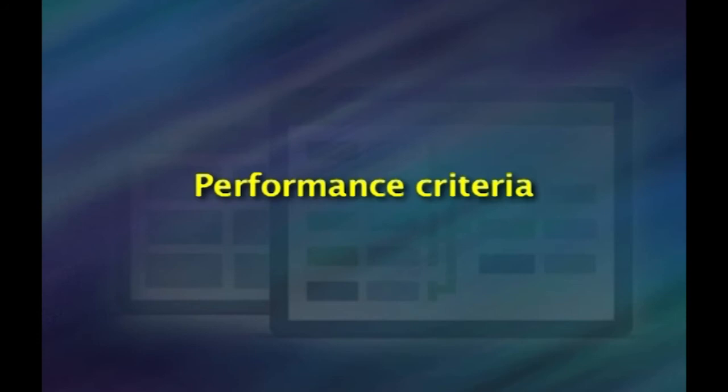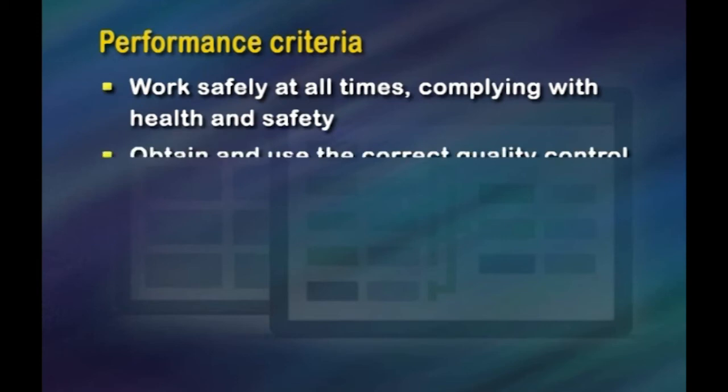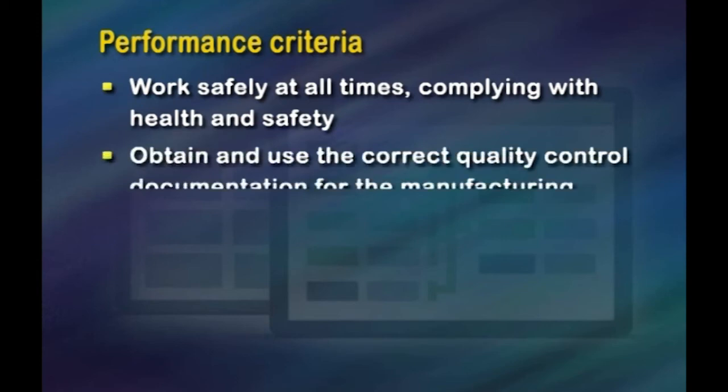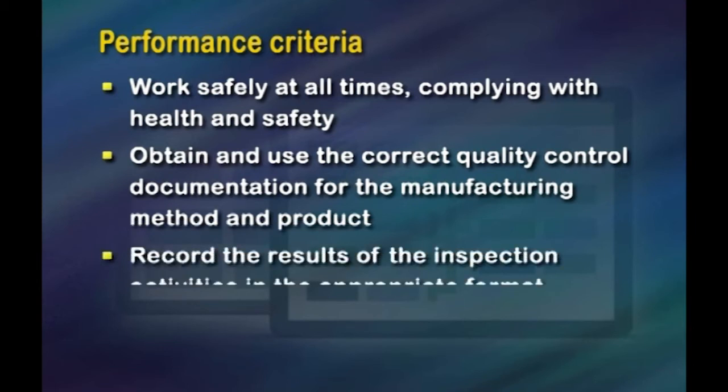Performance criteria. Under this you have different performance criteria. First one is to work safely at all times, complying with health and safety. Obtain and use the correct quality control documentation for the manufacturing method and product. Record the results of the inspection activities in the appropriate format.